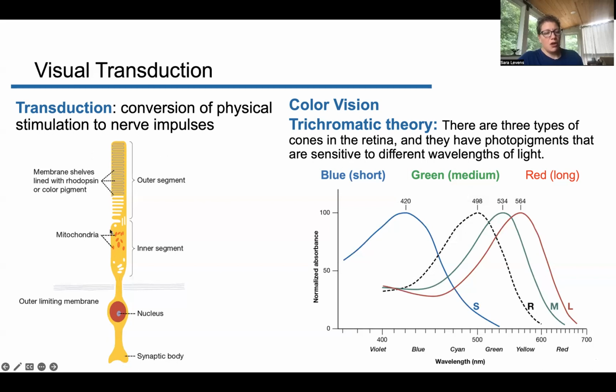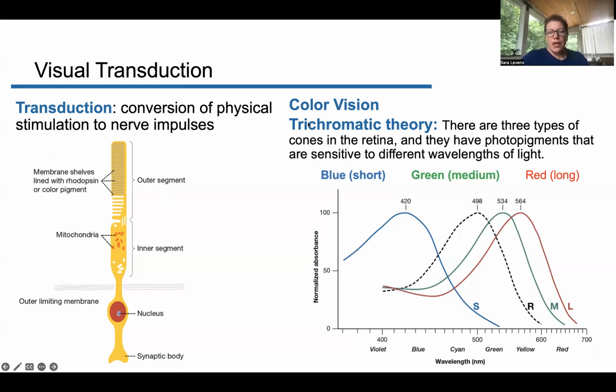In here, it's got this inner segment, which is basically the cellular functions. And then it's got this outer segment, with membrane shelves that are lined with rhodopsin, which is a color pigment. When the light hits that, you're going to have a physical shift or change in the cell in some way, and that will cause the action potential that will then travel down into the synapse.